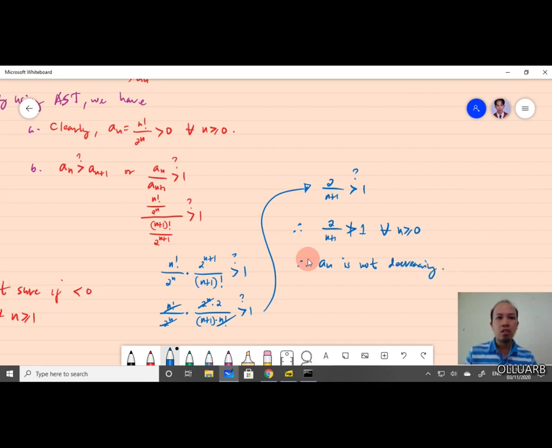As you can see, it fails the alternating series test. You can investigate further about the limit, and as you saw before, the limit of a sub n is positive infinity, and again it violates the third condition of the alternating series test.